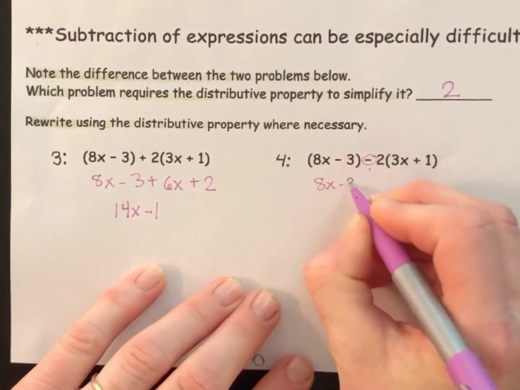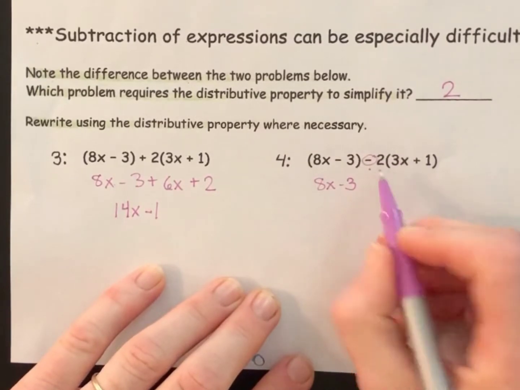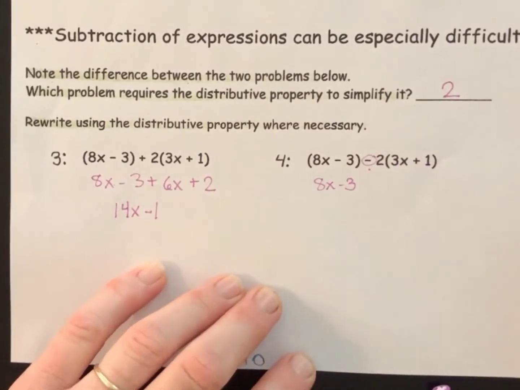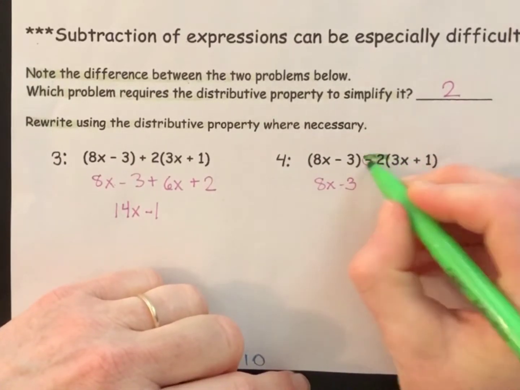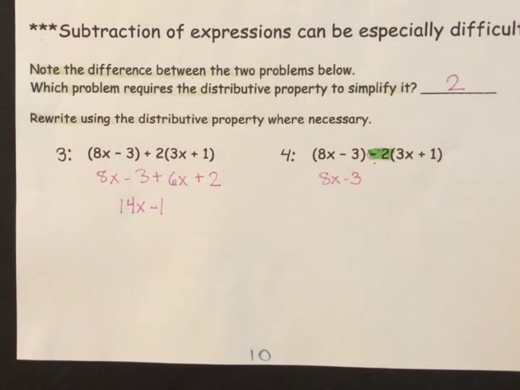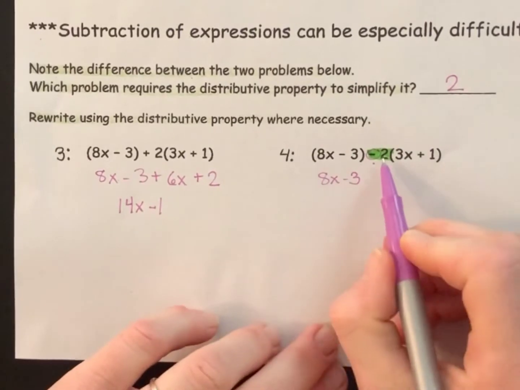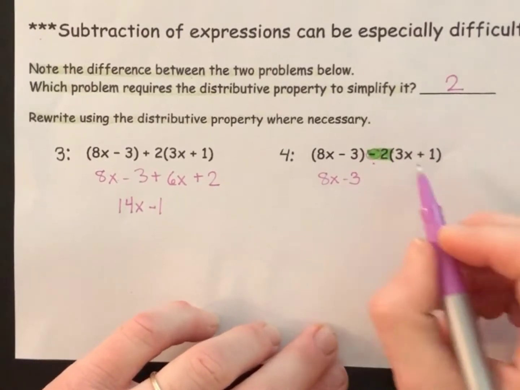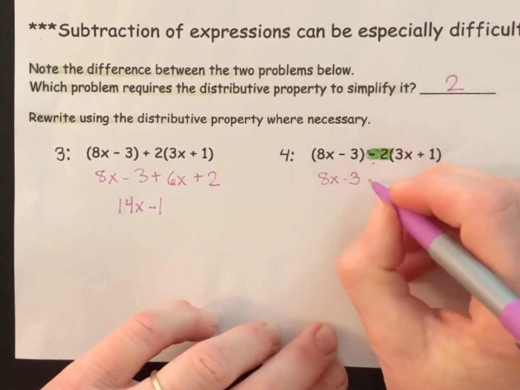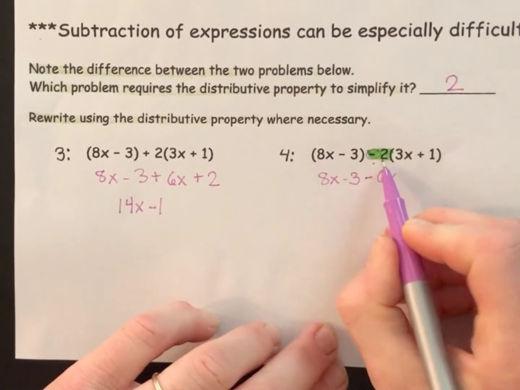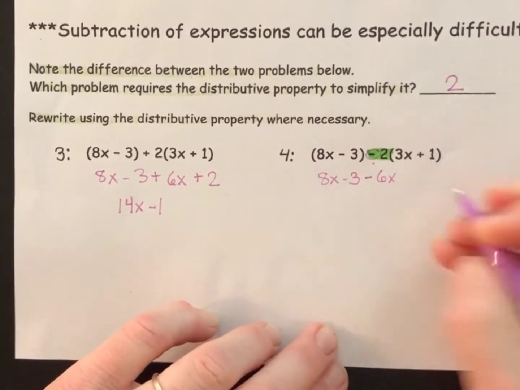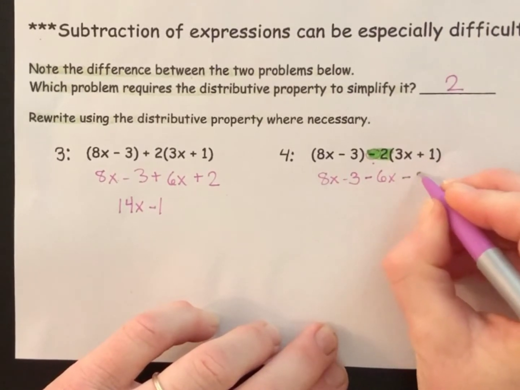8x minus 3. Now, we're going to treat that whole thing as a negative 2. So we have negative 2 times 3x, which gives us negative 6x. Negative 2 times 1 gives us minus 2, negative 2.